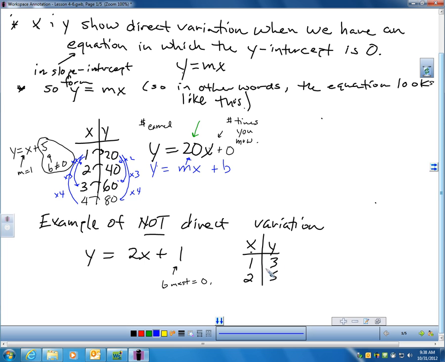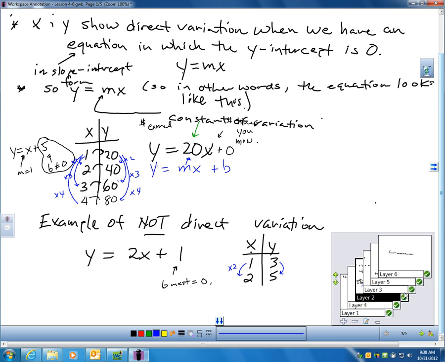Well, that doesn't happen here. This is not direct variation. You can see it in the table. If I double x, do you notice y did not double? So this would certainly not be direct variation, because you ought to have that relationship when you have direct variation. And of course, I told you that 20 in this case was the constant of variation.